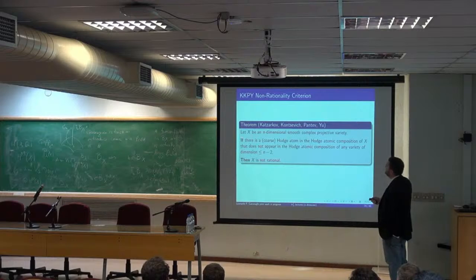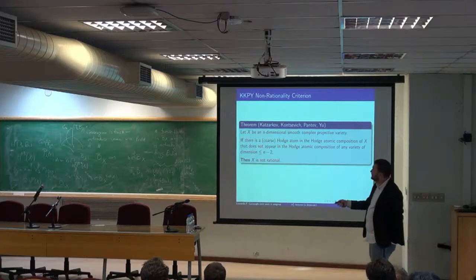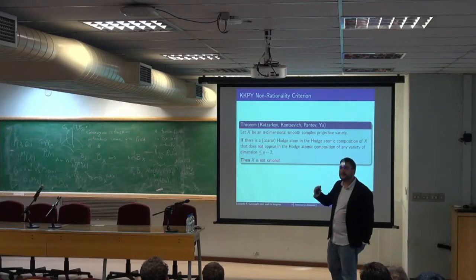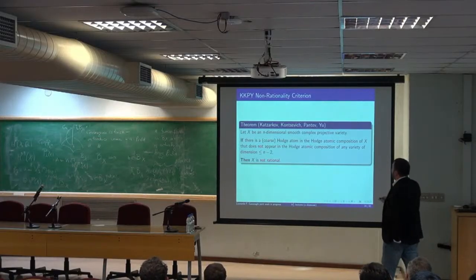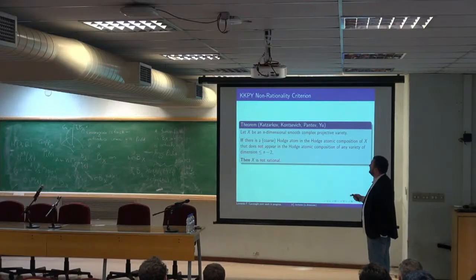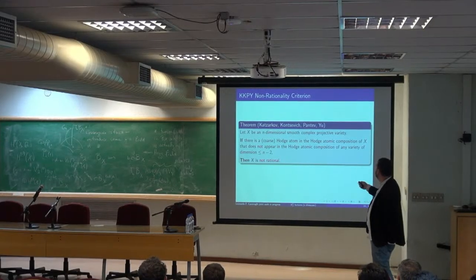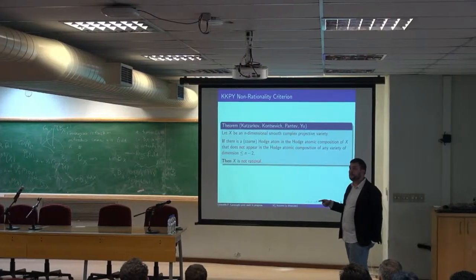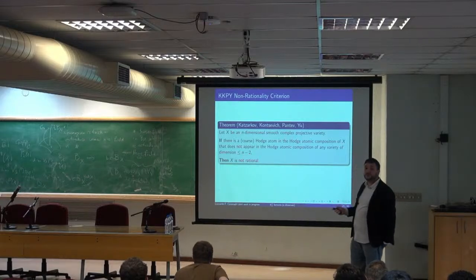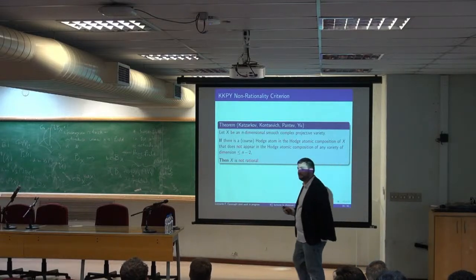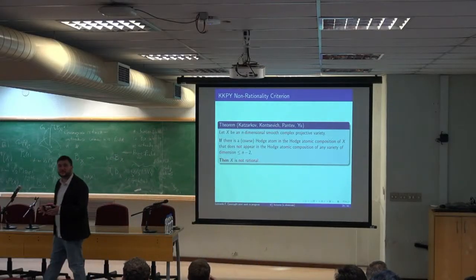Whenever you have X any dimensional smooth complex projective variety, if in this generalized eigenspace decomposition, whose pieces are representations or even unital algebras that we call atomic decomposition, there is a coarse Hodge atom, meaning a representation, that does not appear in the atomic decomposition of a variety of dimension up to n minus 2, it's not rational. That's the statement.